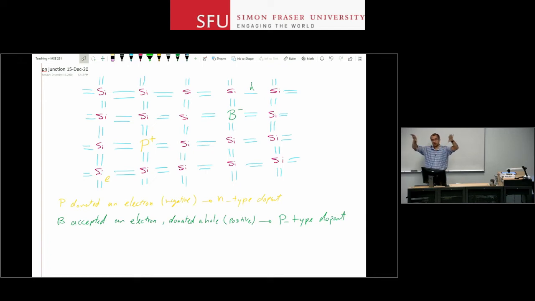So in one case, you have generation of electrons and holes, but you can also have recombination. If the electron and hole that were generated initially come back and meet each other, well, you will have the bond back, and you basically lose both the electron and hole. Now, if you do the same thing here by adding one boron and one phosphorus, you donate one hole and one electron to the lattice, they can still meet and actually cancel each other.